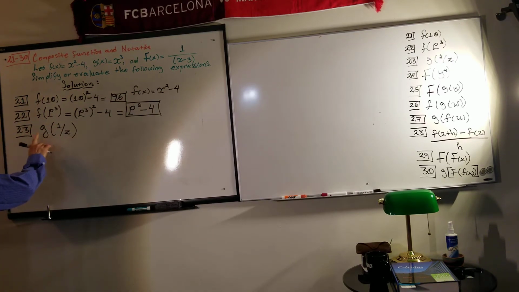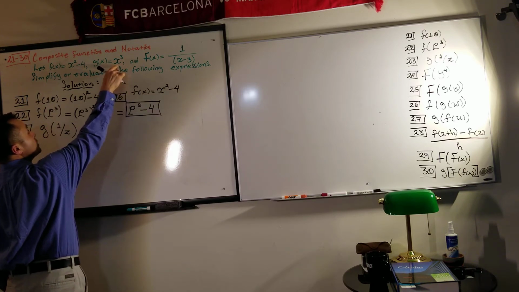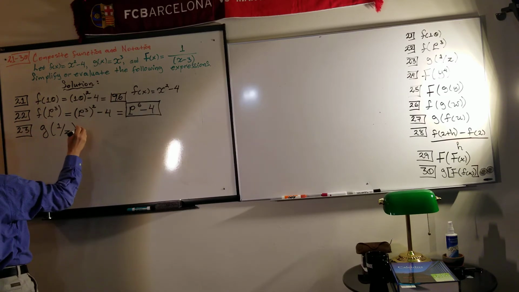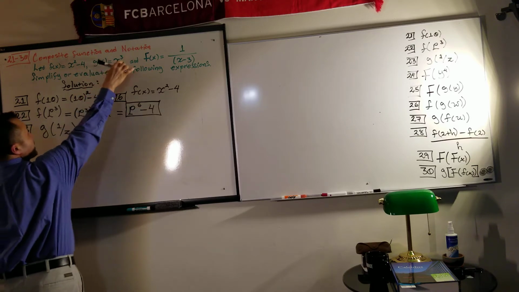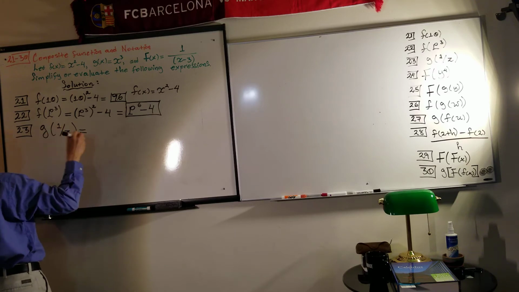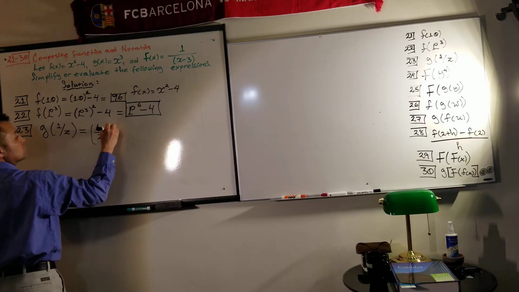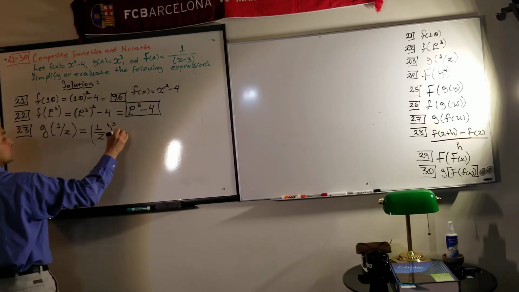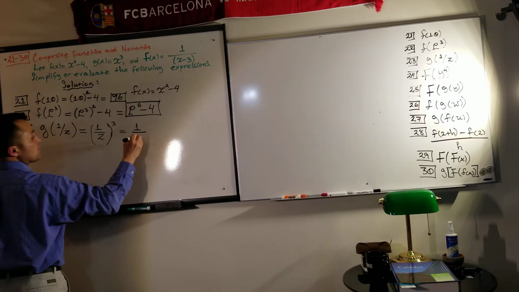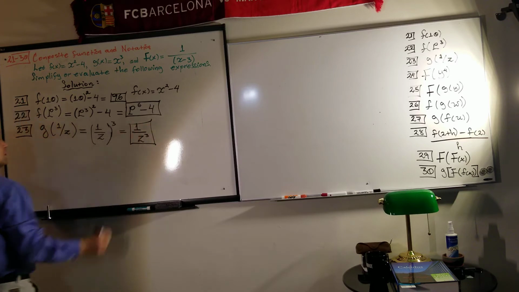So in this case, we have to substitute x on the function. This is going to be equal to x to the third, but x is substituted by 1 over z, so 1 over z to the third power. And this is equal to 1 to the third power, which is 1, and z to the third power, which is z cubed. And that is the answer.